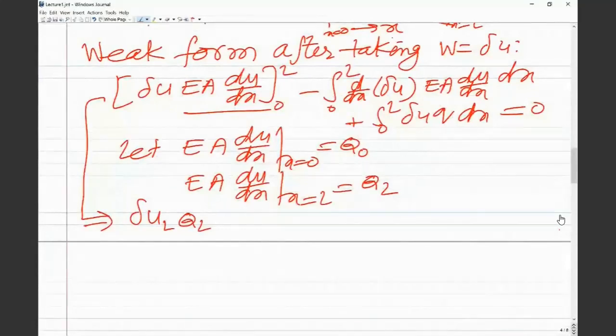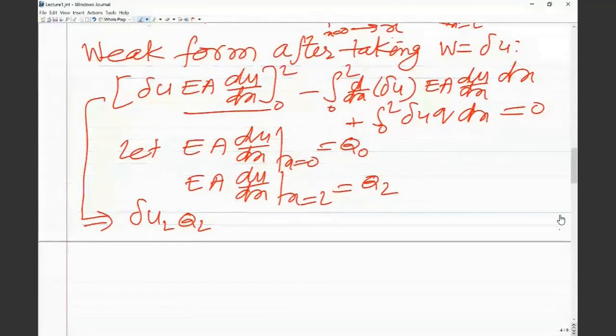Sir, should EA du by dx be prescribed at x equal to 0, because we have an essential boundary condition there? I'm not prescribing it. I'm just using a notation: EA du by dx at x equal to 0 is q naught, and EA du by dx at x equal to L is qL.